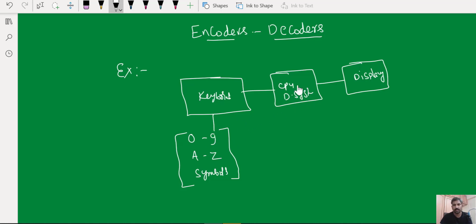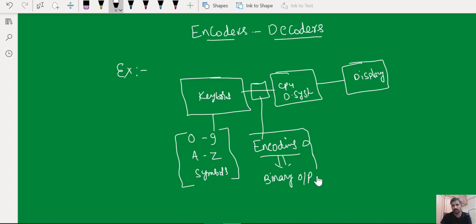So in order to be understood by your CPU or digital system, you need to have one circuit here. This circuit is nothing but the encoding circuit. Your encoding circuit will take the inputs from the analog world like 0 to 9, A to Z and symbols, and produce a binary output. So please remember, your encoder encodes analog quantities like numbers and alphabets and symbols into a binary output.